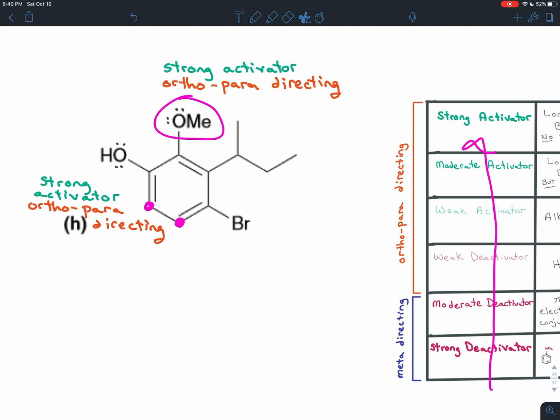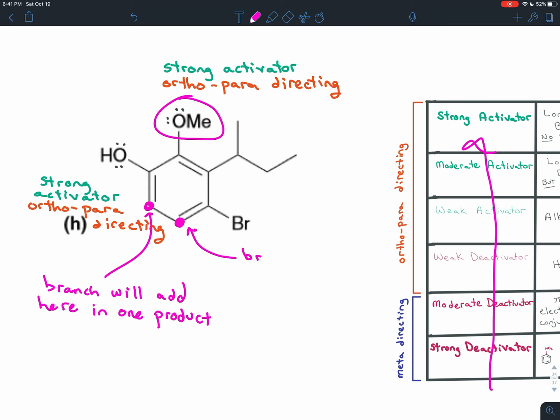And so you will get a mixture of products. You will get the branch, and these are different positions. There's no symmetry in this molecule. So the branch will add to the left in one product, and then you'll get a second product where whatever branch you're adding to the ring would add to the carbon on the right.